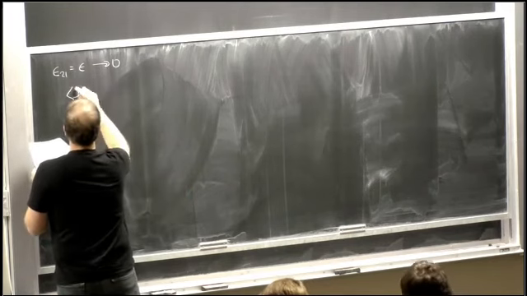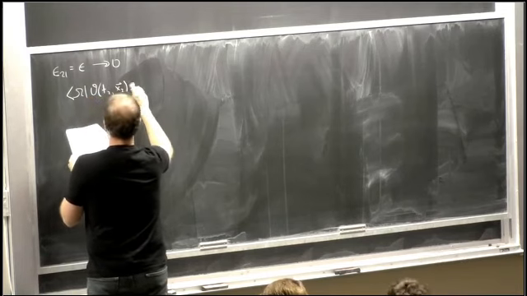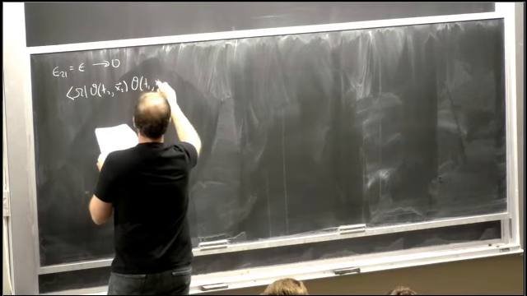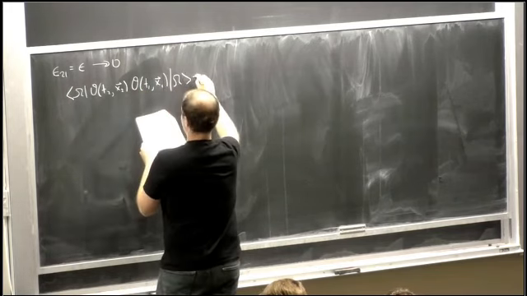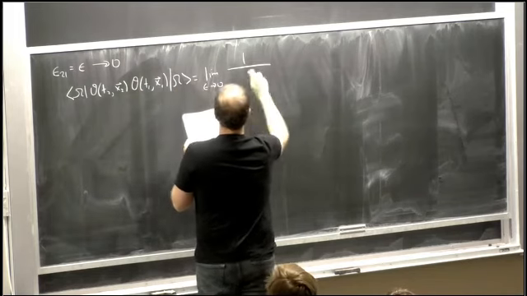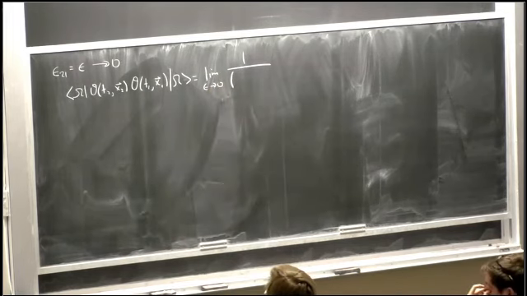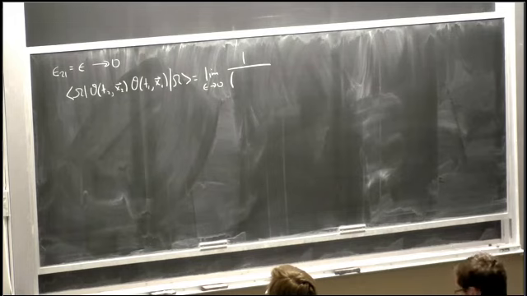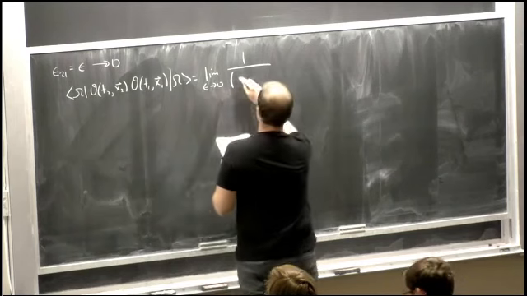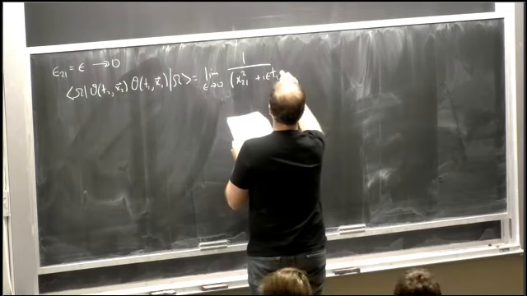And the final result is that O of t2, x2, O of t1, x1 is the limit as epsilon goes to 0 of 1 over... We can combine these two things into just the norm in Lorentzian signature. And since we're taking epsilon to 0, we can ignore this term compared to the other terms. So this just becomes x21 squared plus i epsilon t21 to the delta.